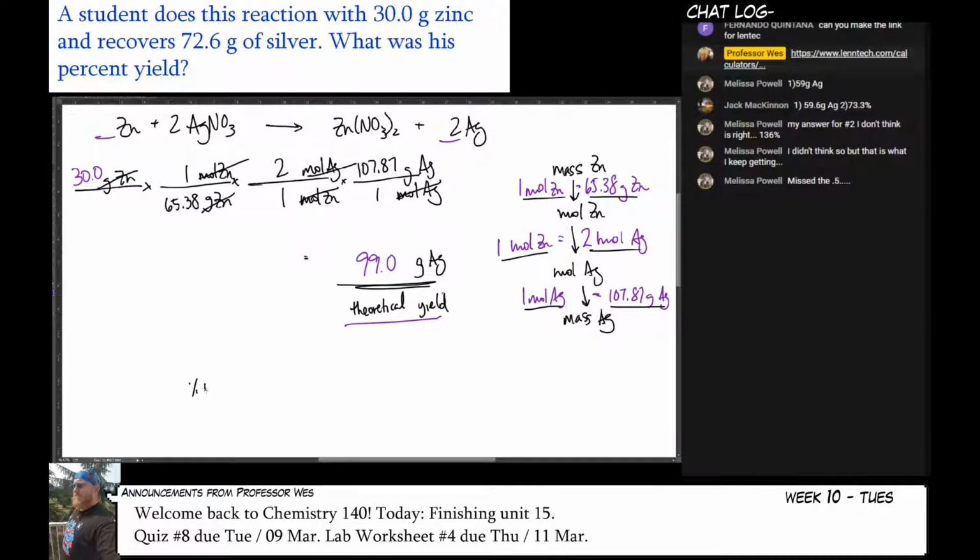But my percent yield would be actual over theoretical times 100%, which would be, well, she actually recovered 72.6 grams of silver.